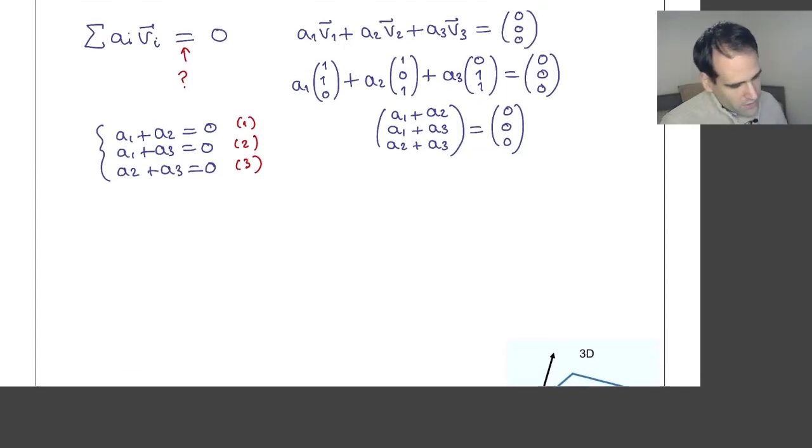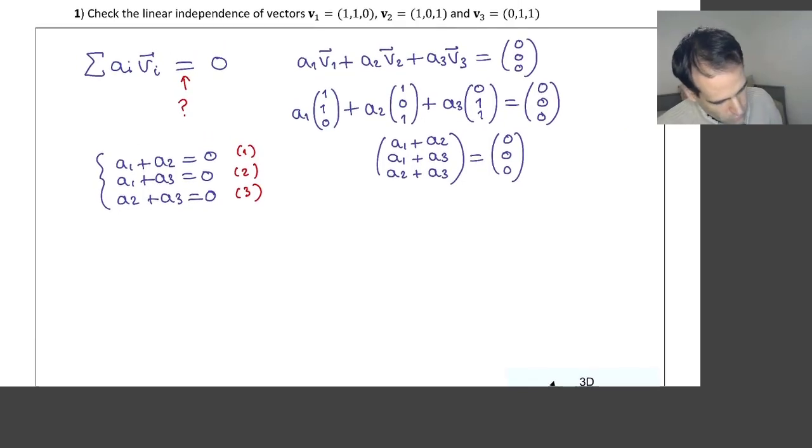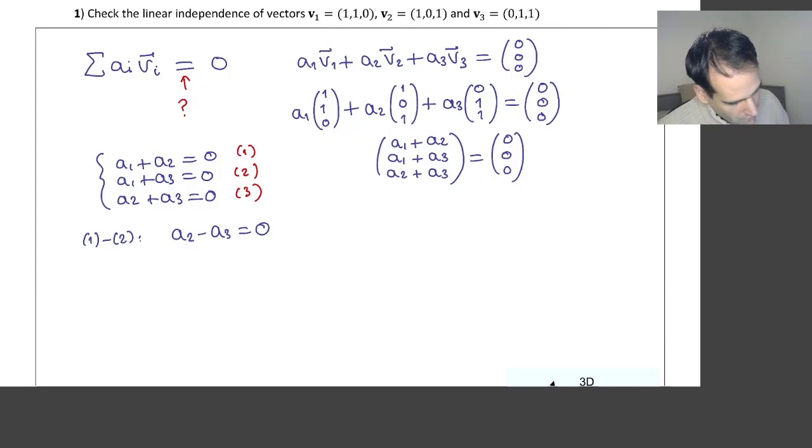One way to solve this simultaneous system of equations is to do equation 1 minus equation 2. Then a1 minus a1 goes to 0, and a2 minus a3 equals 0. Therefore a2 equals a3.